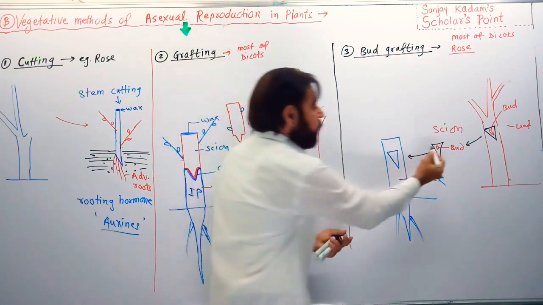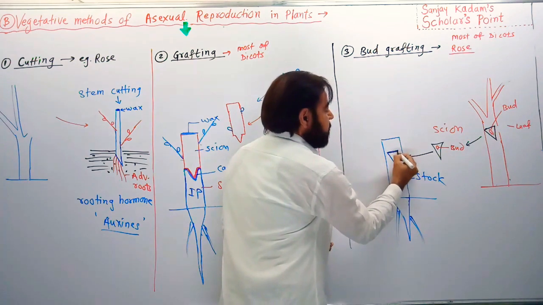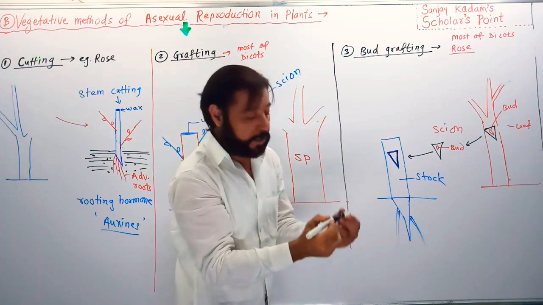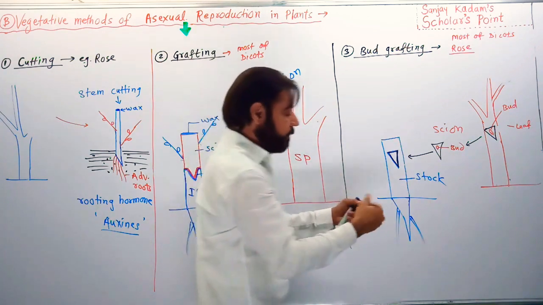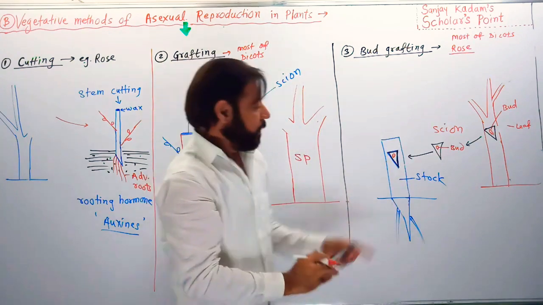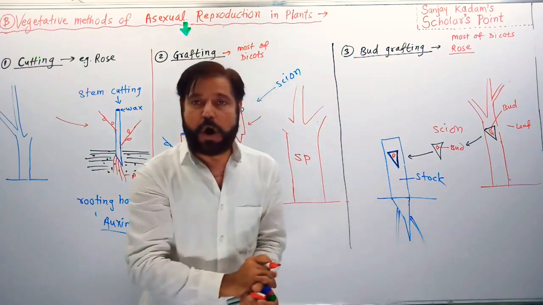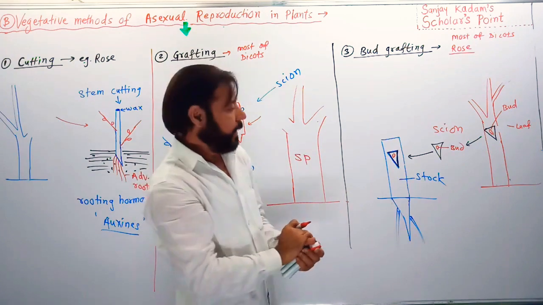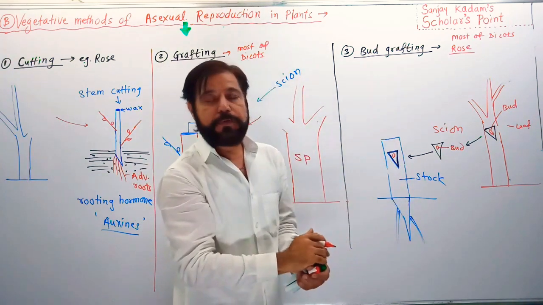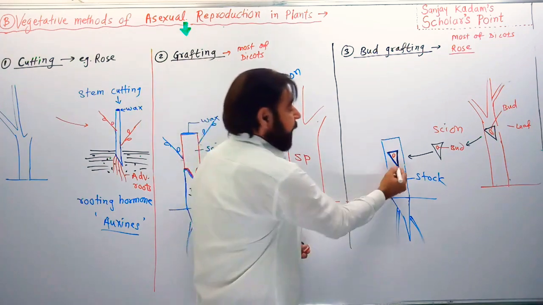In this way a scion, meaning the stem of the superior quality plant along with a bud, is introduced, meaning grafted, onto the stalk of the inferior quality plant, and now it is made waterproof and airtight by applying wax.